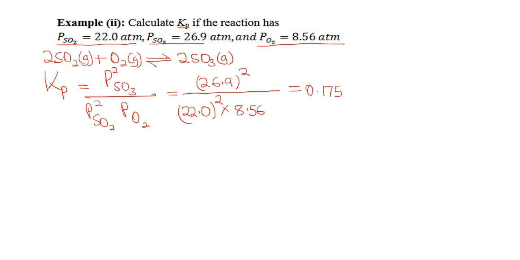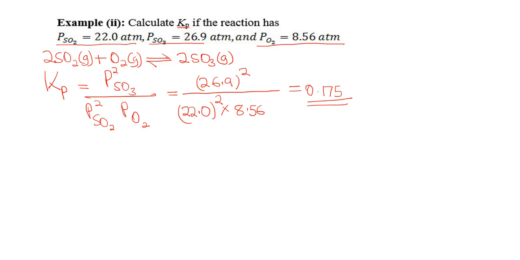So let me just do the calculation again to see if it is correct. Squared divided by 22 squared times 8.56. Yeah, so it's a correct answer. So that is the Kp for this reaction.